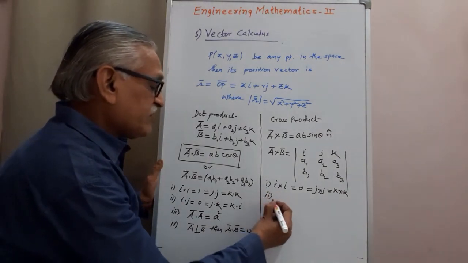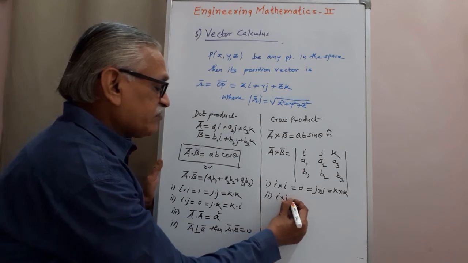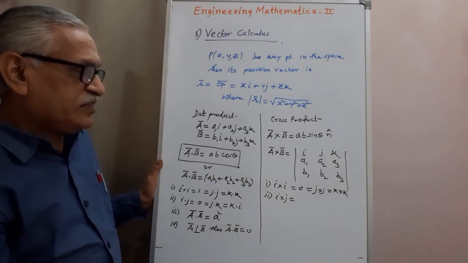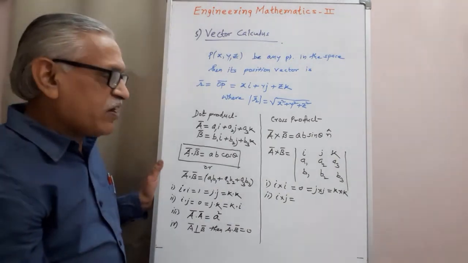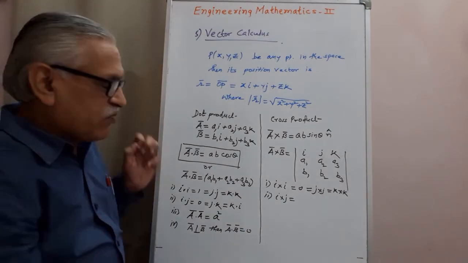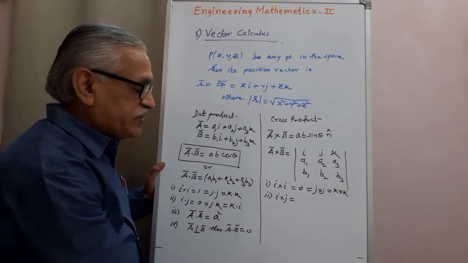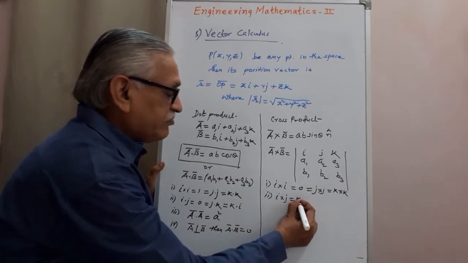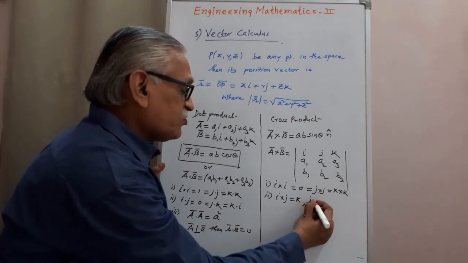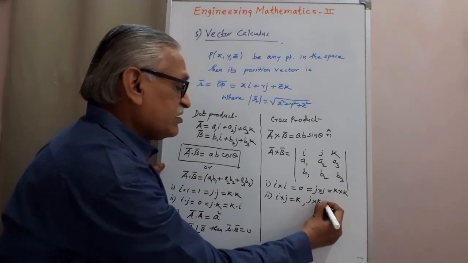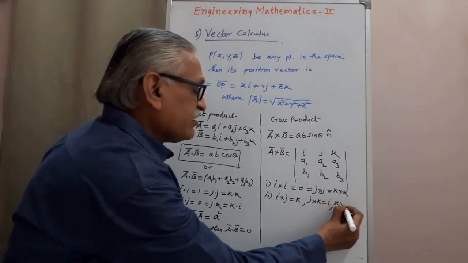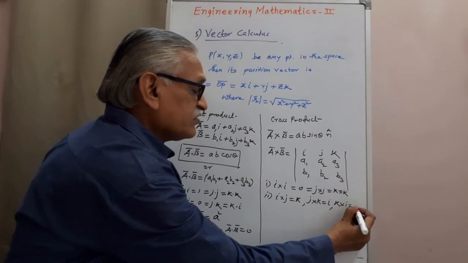Second, i cross j equals a b, where a is 1, b is 1, sin 90 is 1, into n cap. It is the unit vector along the normal. The normal to these two vectors i and j is k. Therefore, i cross j is k. j cross k is i, and k cross i is j.